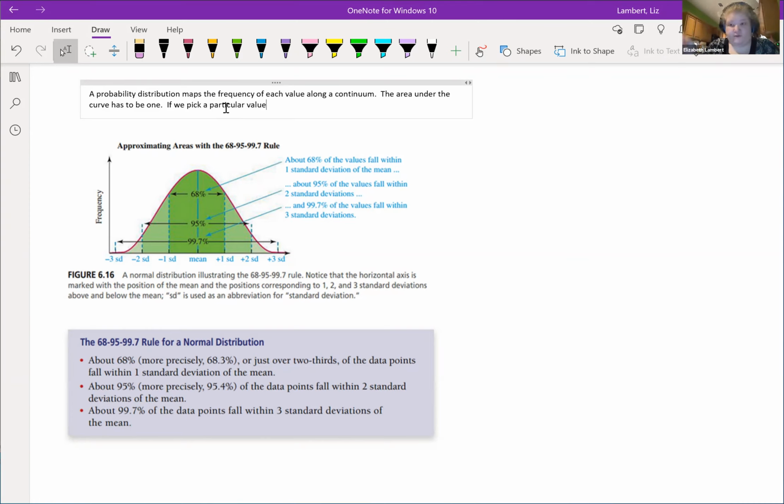We're going to do more of this. I'm just trying to set it up. Actually, it's not that particular value, it's the probability of anything less than that value.